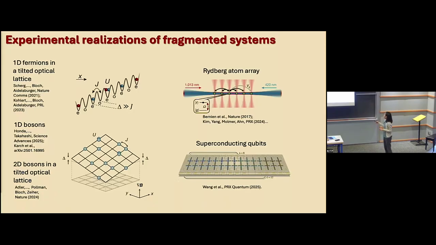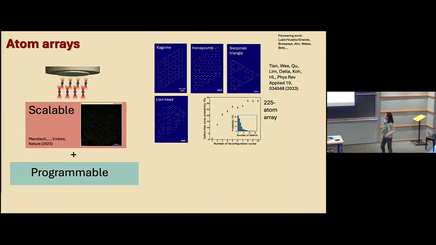Rydberg atom arrays, of course, people have worked with for quite a while now, but their connections to Hilbert space fragmentation were maybe explored more actively only more recently, and I'll have another slide later that focuses more on this. And then just this year, there was work appearing using superconducting qubits to study the dynamics associated with this Hilbert space fragmentation. Okay, so these are a few interesting experimental realizations.